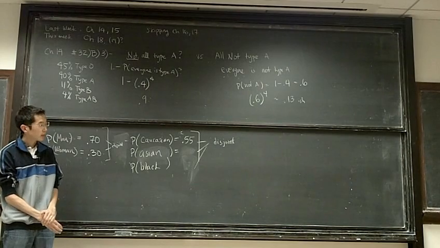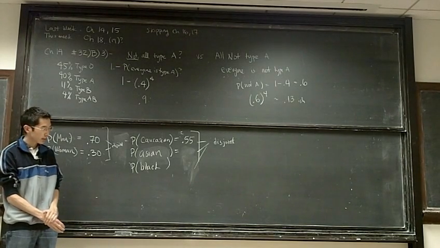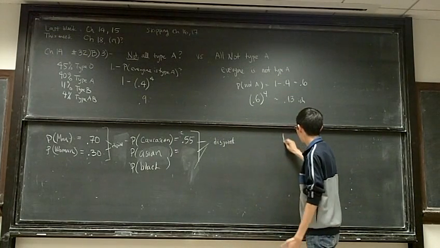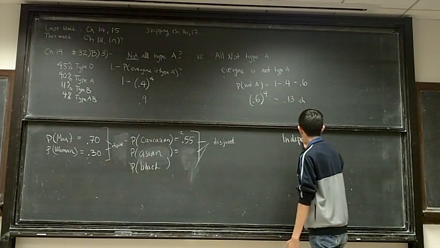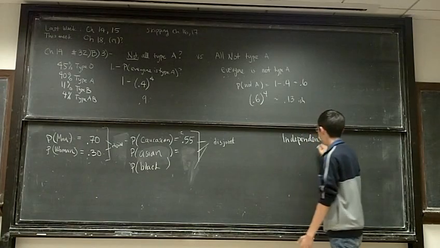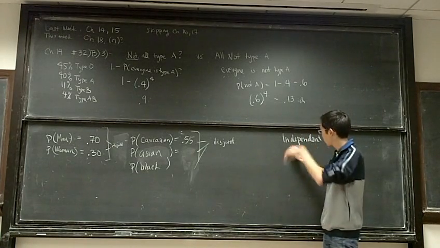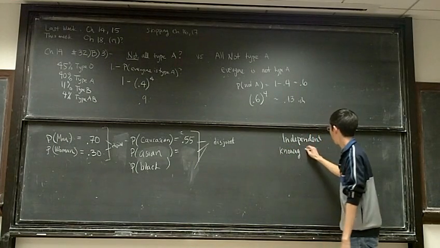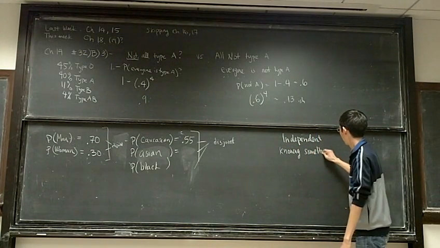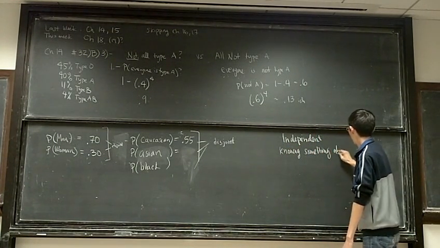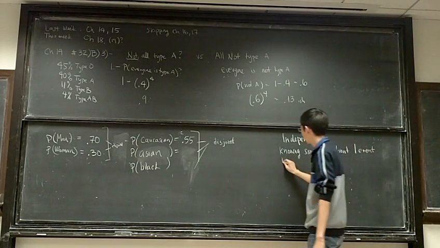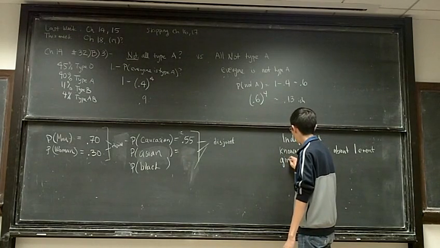Independent means that knowing one thing about one event gives no additional information about the other event.